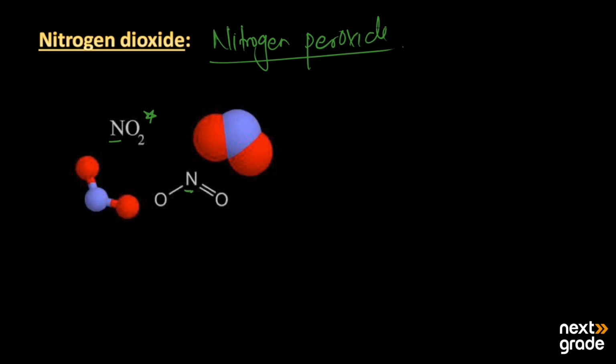If I draw its electron dot structure, one oxygen has a double bond, the other has a single bond. The two lone pairs over the oxygen will be like this, and the nitrogen will have one electron here. So this is nitrogen dioxide, which is called nitrogen peroxide.